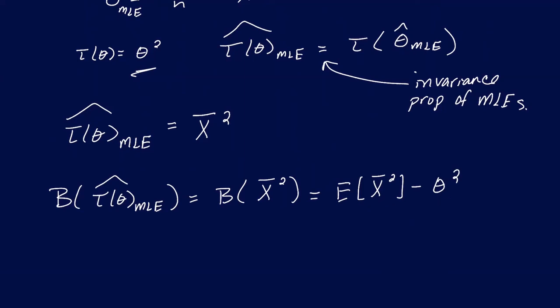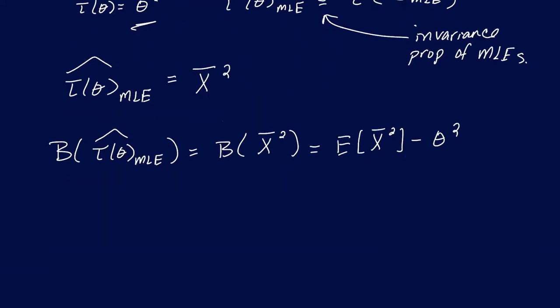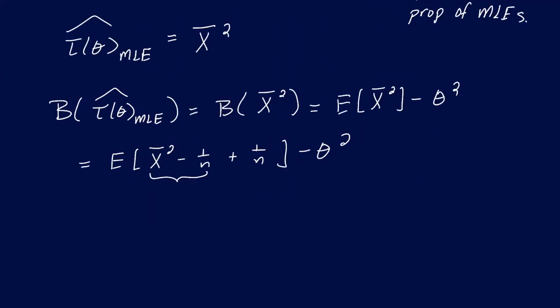I already know what the expected value of x bar squared is. I don't want to scroll back up, and I don't want to have to go through any computations again. Note that this is the expected value of x bar squared minus 1 over n plus 1 over n minus theta squared. And this thing is an unbiased estimator for theta squared.